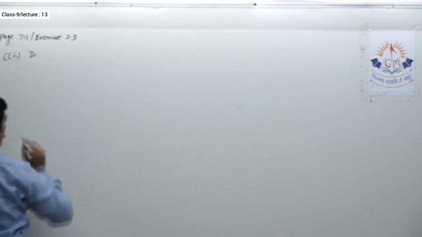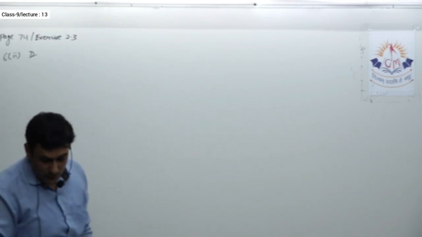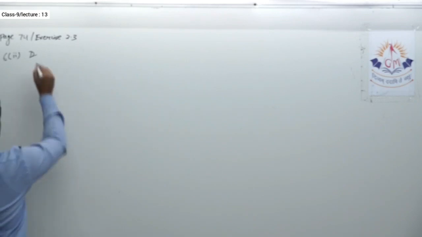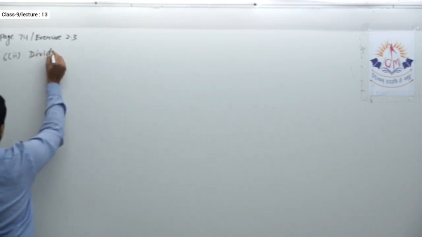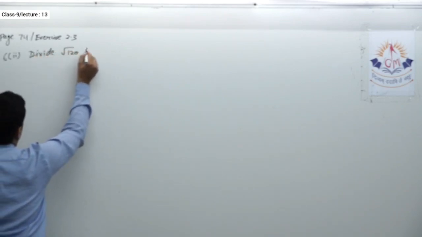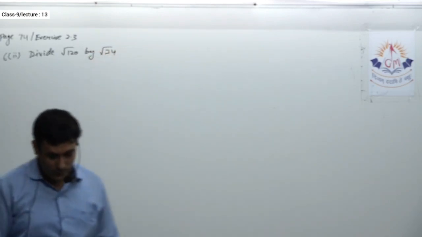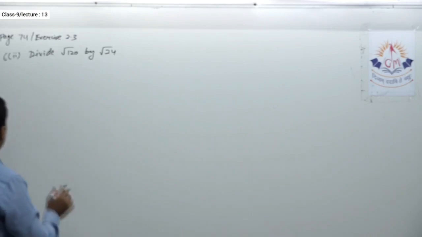Here we have to divide root 120 by root 24. Divide root 120 by root 24. Okay, you have to divide root 120 by root 24.